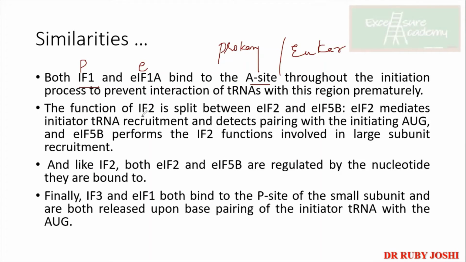The function of IF2 is split between two initiation factors in the case of the eukaryote. So IF2 का काम कौन कौन कर रहा है, eIF2 हो गया, 5B हो गया.